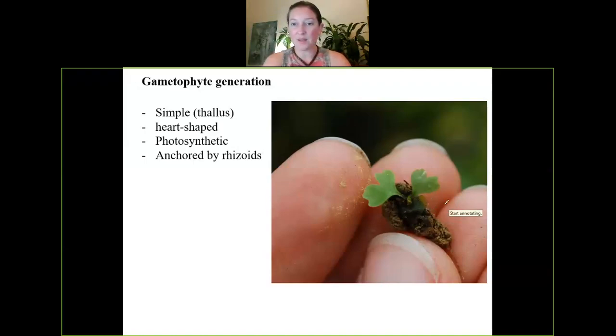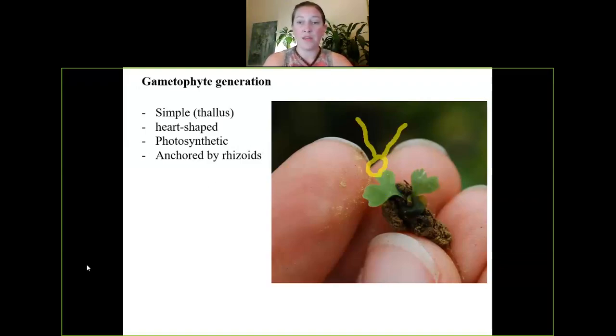In this, somebody's fingers are holding a fern gametophyte plant, and the actual gametophyte plant itself is only this heart-shaped part. The thing emerging out of that heart-shaped part is already the sporophyte plant. So the egg in this fern gametophyte plant has already been fertilized and the young sporophyte plant is already growing out.